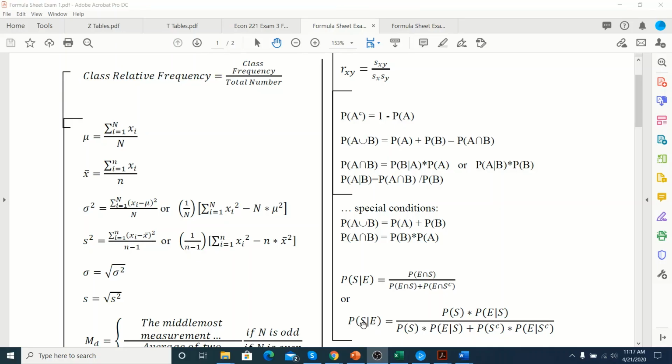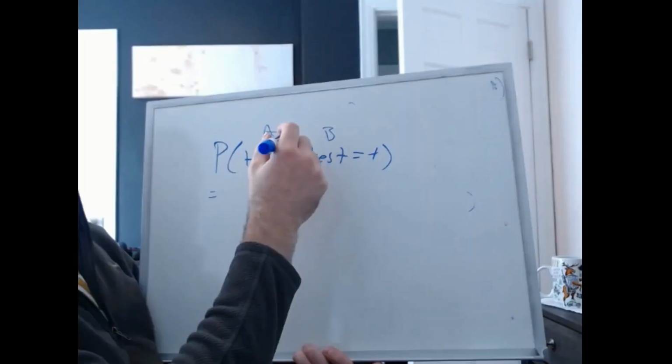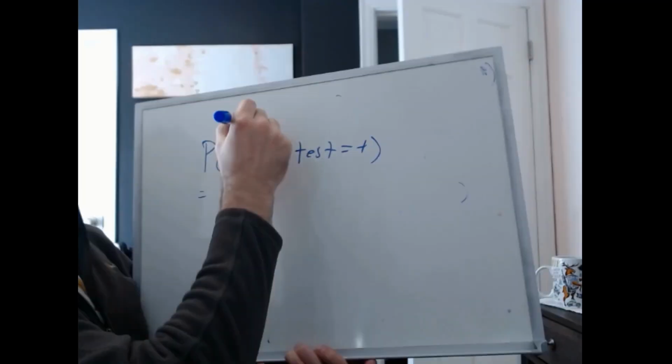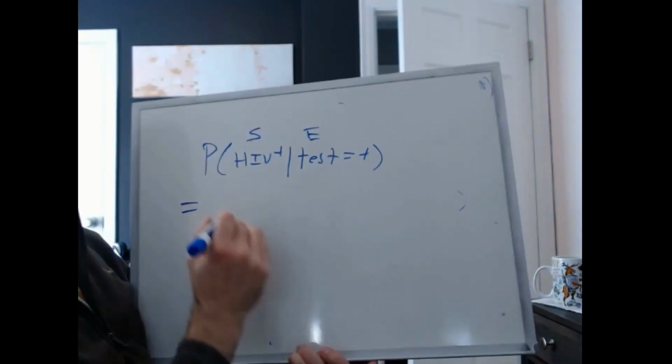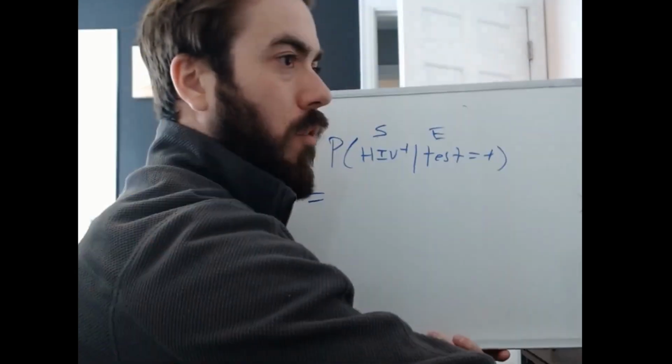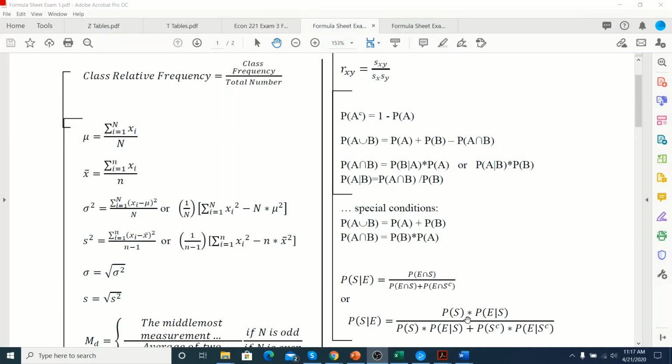So now I've got a conditional probability I can rewrite like this. What I would do if I'm doing this on the exam, write down the probability of what you're looking for. Right? This is your S, this is your E. I would then walk through this formula and write it out in the context of your example.